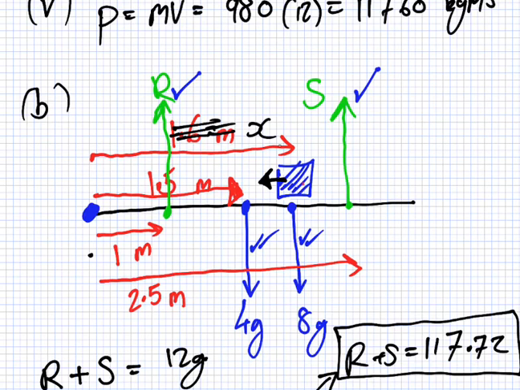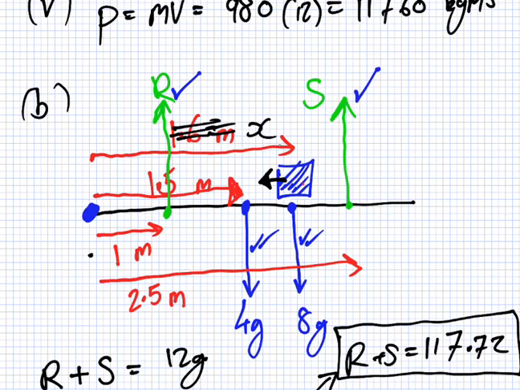If I push here, I always have a reaction, except when my hand is just about to leave. At that point, there's no more reaction. So contact is lost when the S is 0. So now what they're saying is basically this. Find X if S is 0. That's the question.